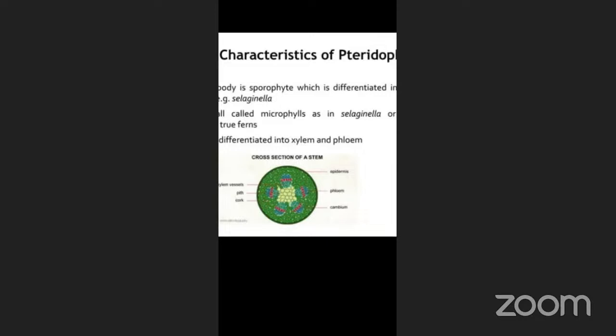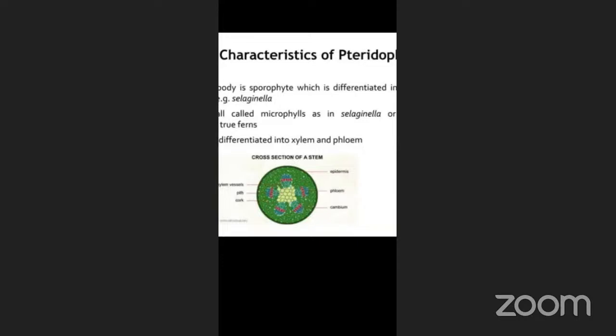And sporangial development takes place either as eusporangiate or leptosporangiate. These come in the hard questions: eusporangiate and leptosporangiate.